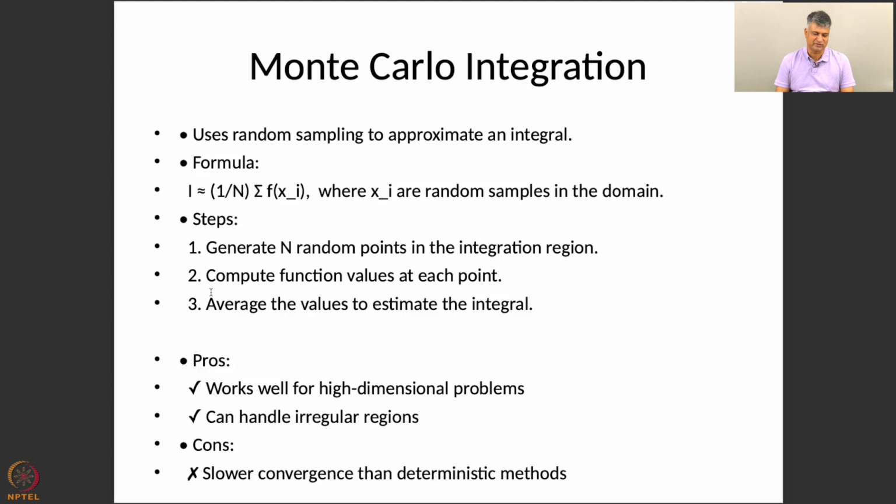That's something which you'll have to decide. If you want a more accurate answer, you'll have to take more and more samples. And obviously, if you take an infinite number of samples, which is theoretically not possible, you will get the correct analytical solution. But a large number of samples will get you close to it.